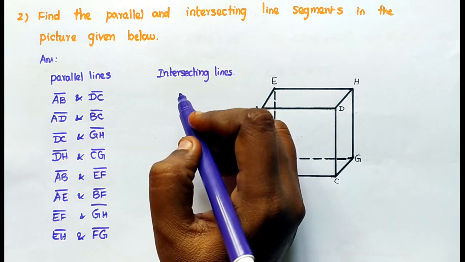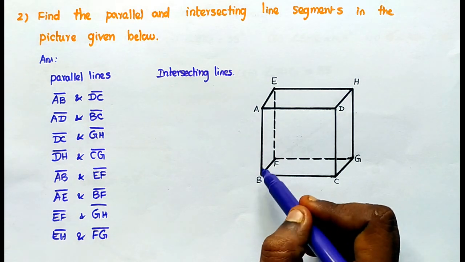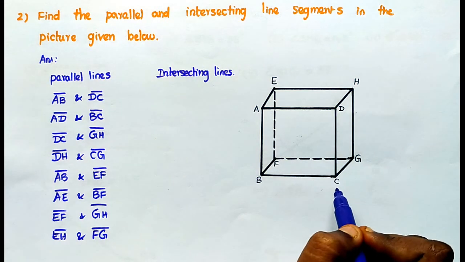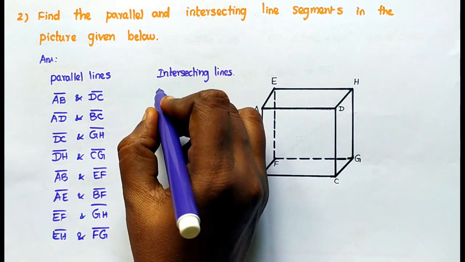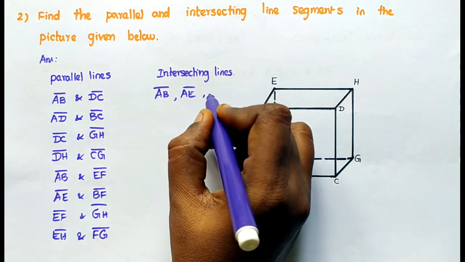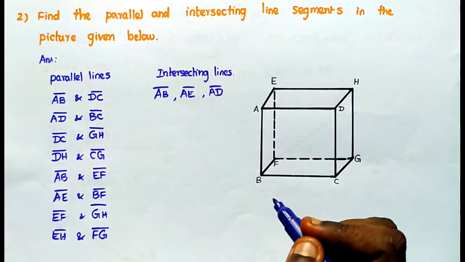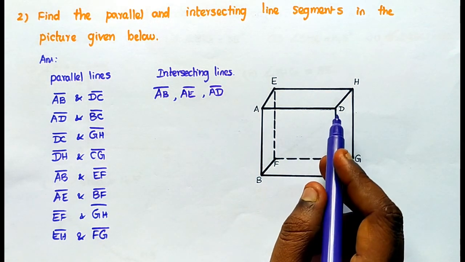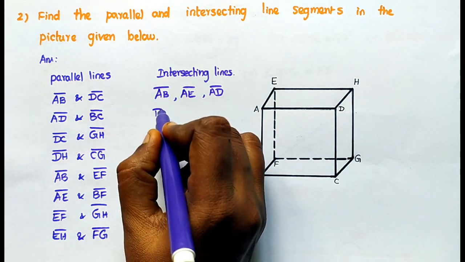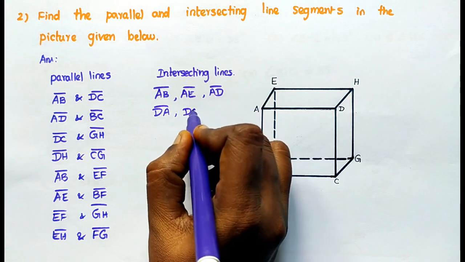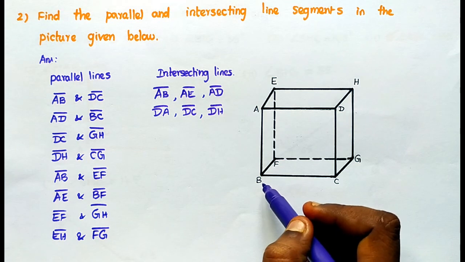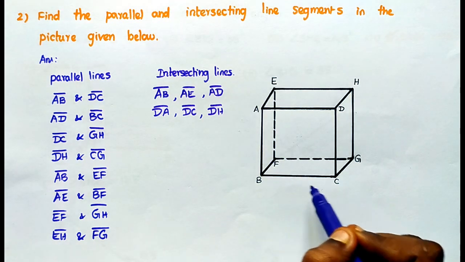Next one, intersecting lines. Listen, first A, that intersects B, D and E. So AB, AE and AD. Next one, D: DA, DC, DH. Next one, B: BA, BC, BF.